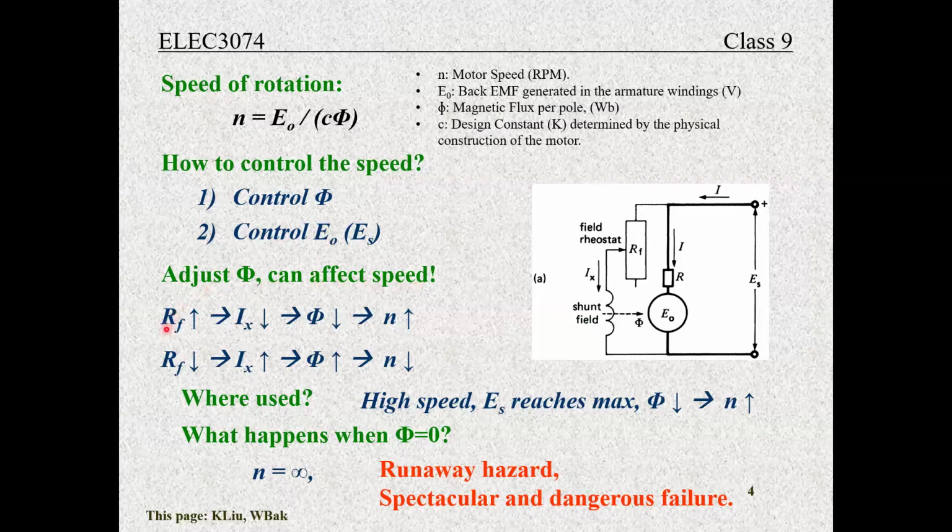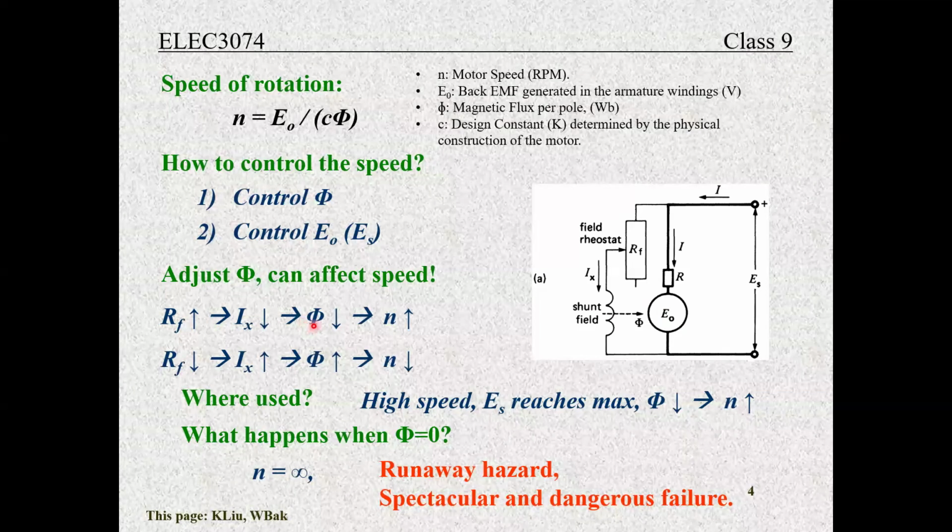So when the field resistance goes up, then the current in the field, which probably could be X here, goes down. While resistance goes up, current goes down.